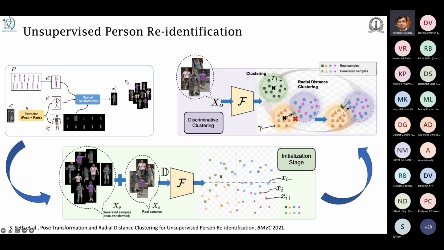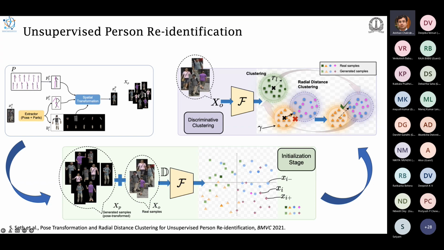So basically you disentangle the image into appearance and pose, and then you input a target pose and do a spatial transformation to that target pose. Now, all these images could be the same person identity in various poses, right?